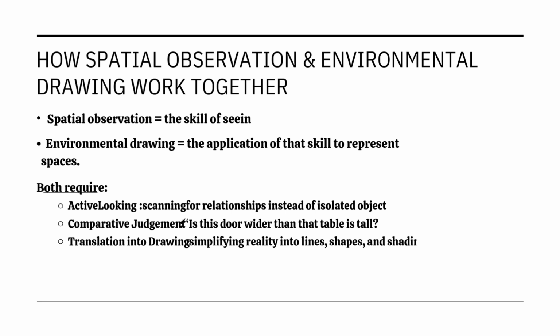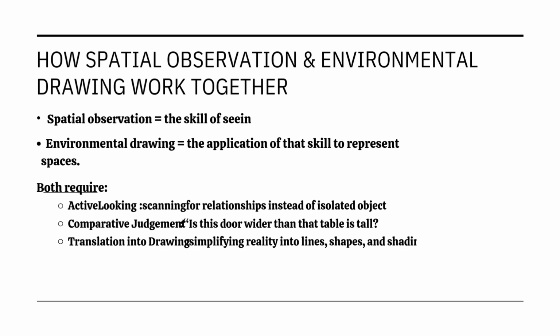Spatial observation is seeing the relationships between objects, forms, light, and the human experience, whereas observational drawing is bringing things together in the physical environment, like the furniture, the architecture, and even the landscape, and noticing how we interpret them in the space in which we are drafting.